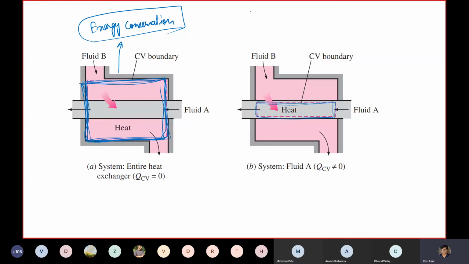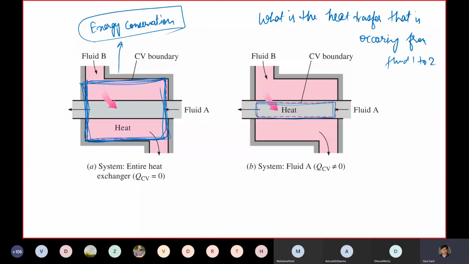But sometimes they may ask what is the heat transfer that is occurring from fluid 1 to 2. So it has specifically asked for the amount of heat transfer occurring from fluid 1 to 2.